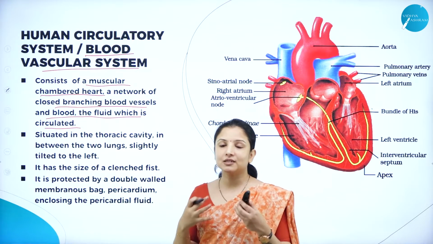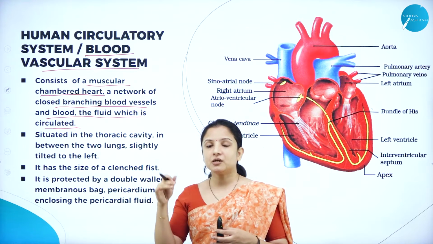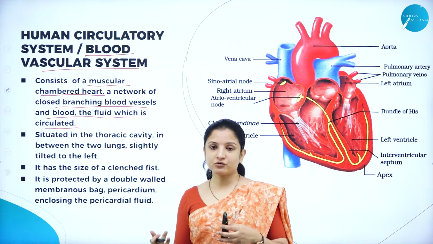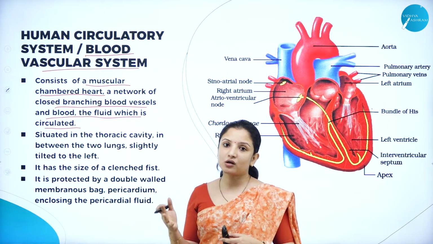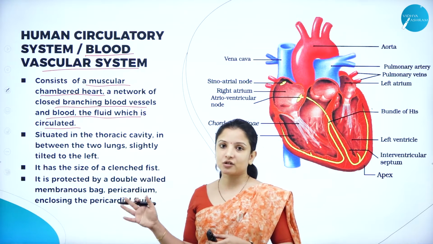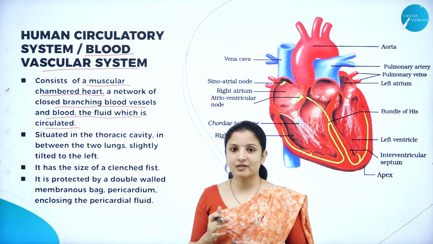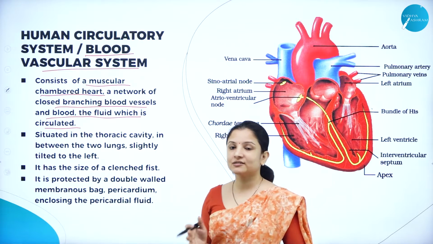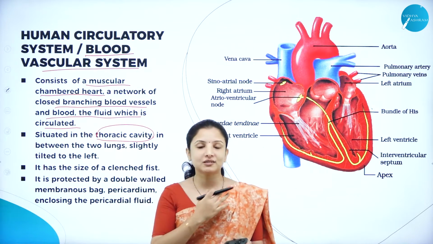So how does the fluid, that is the blood, get circulated from the heart to different tissues and from different body tissues back to the heart? It is through a network of blood vessels, and therefore it is a closed circulatory system. And where is the heart exactly situated? The heart in humans is situated in the thoracic cavity, towards the left side.